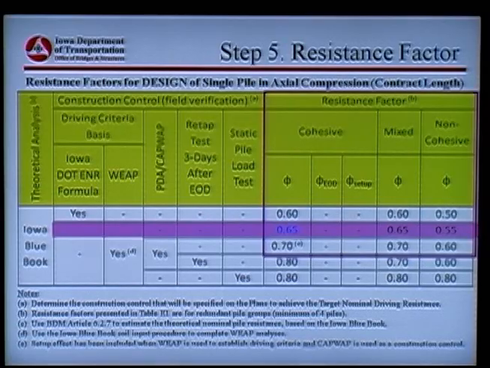Because you have multiple tests and you plan to have retap, obviously you gain more confidence. With that reason, the resistance factors increase up to a point. We set the maximum of 0.8, which is consistent with what AASHTO recommends in the LRFD specification.